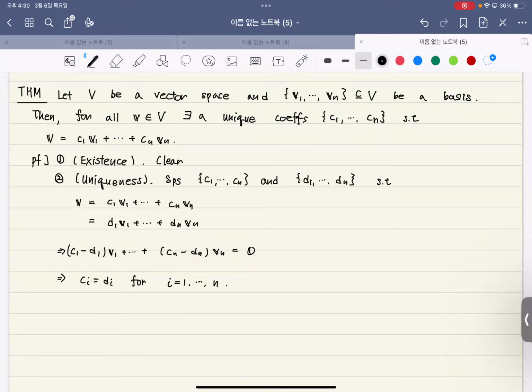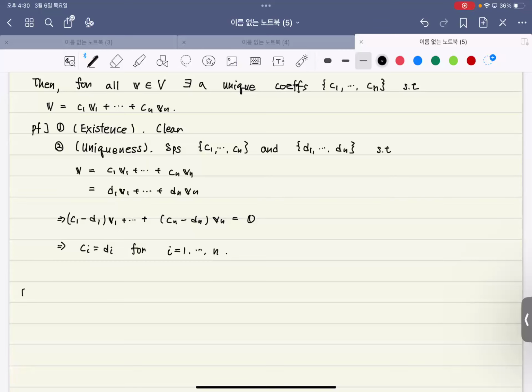Now, finally, I am ready to give you the definition of the dimension. Let V be a vector space and suppose I have chosen some basis vectors, a basis with n vectors.